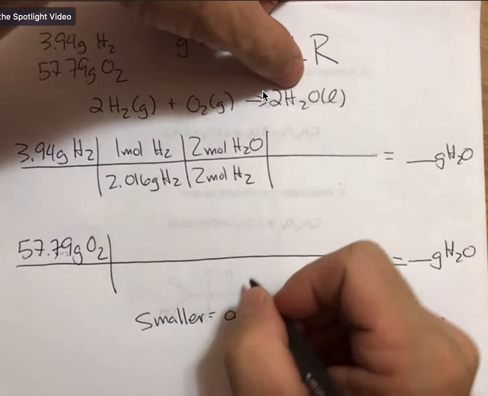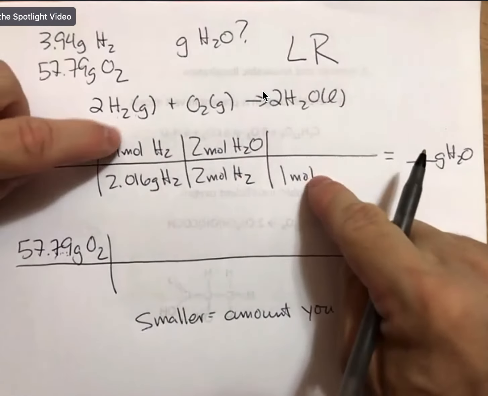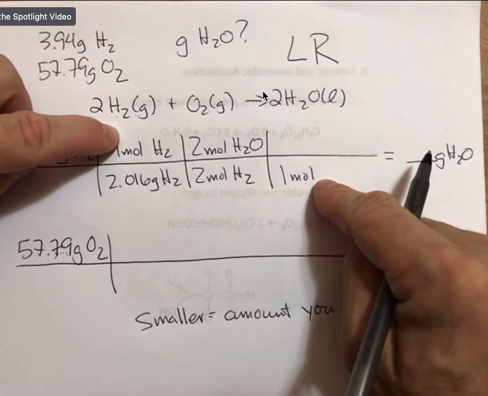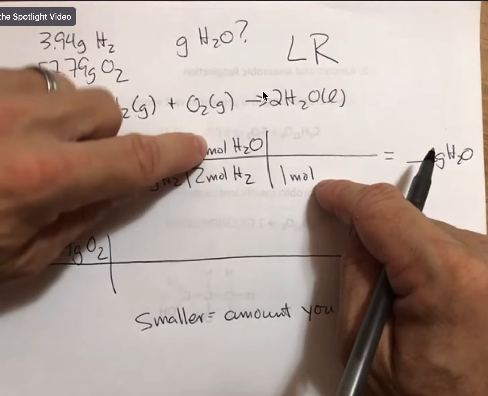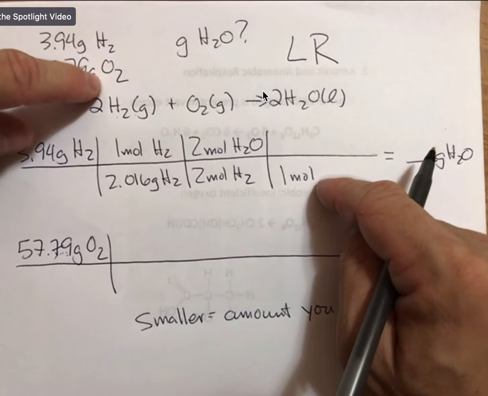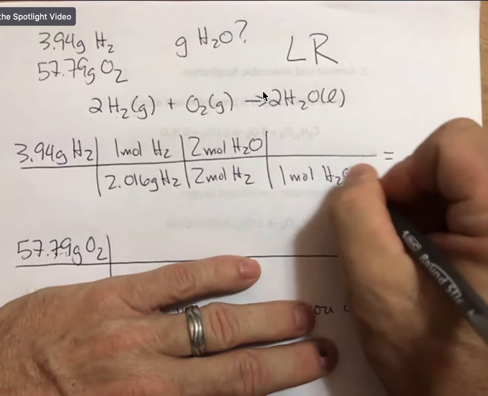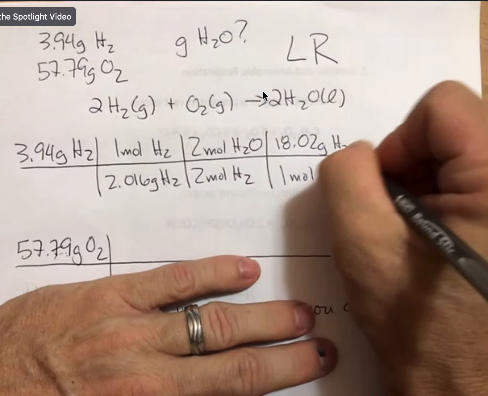And for H2O, you'll note that the molar masses here always have 1 mole of each substance. The numbers here can be whatever are the coefficients in the balanced reaction. 1 mole of H2O, I've done this before, 18.02 grams H2O.